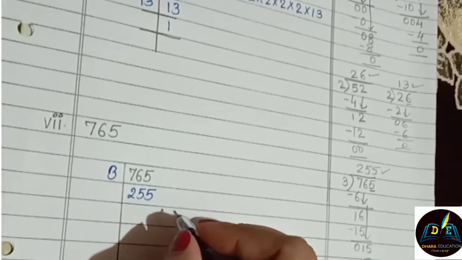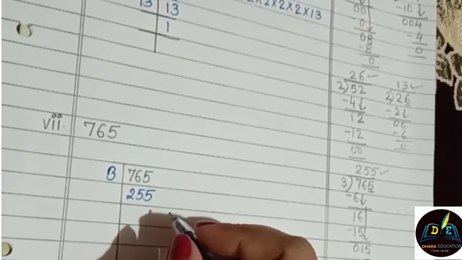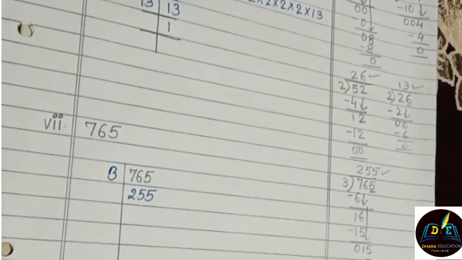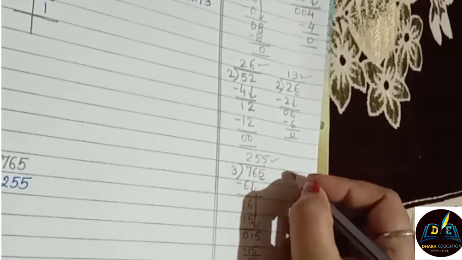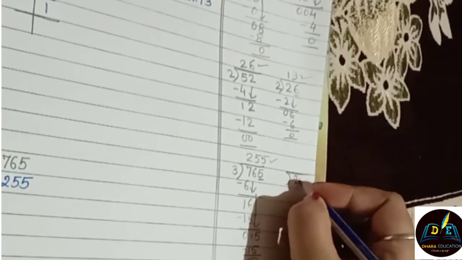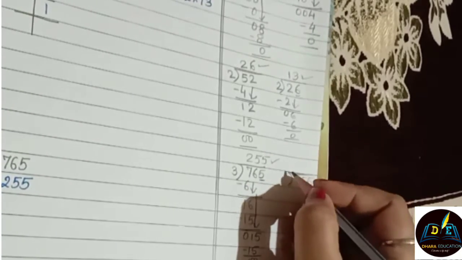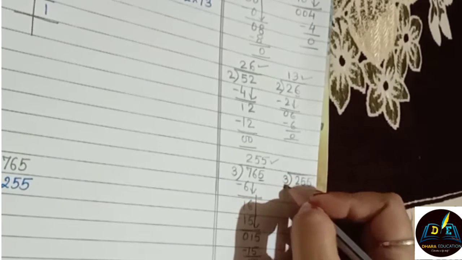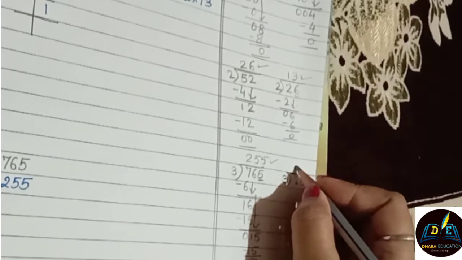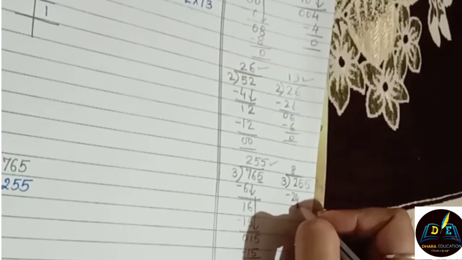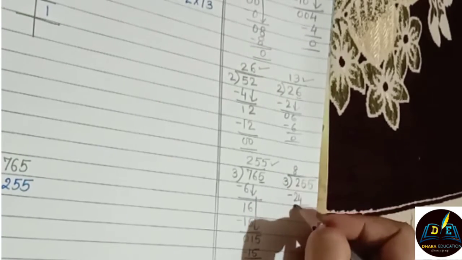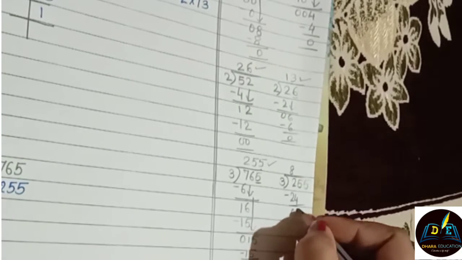Again this 255 we can divide by 3 again. So here 255, 3. 3 8s are 24. 25 minus 24 gives you 0 1.